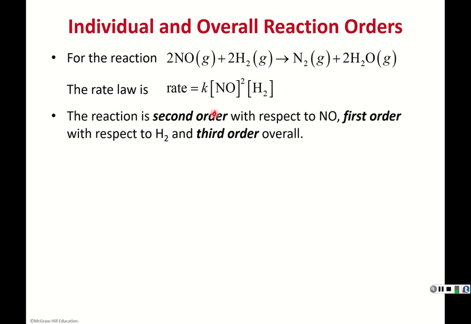The reaction is second order with respect to NO and first order with respect to H2. Overall, we would call this third order, because you have a second order plus a first order, so you add those together.